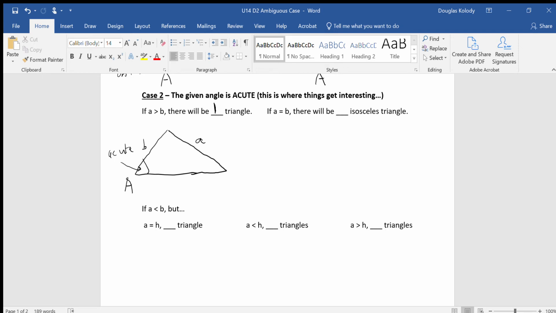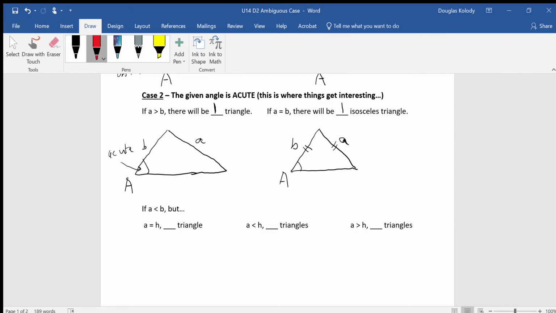What if A equals B? Well, I kind of wrote it already. You get one isosceles triangle. So here's angle A right there. It's acute. Here's side B. Here's side A, and they are congruent. And then you get an isosceles triangle.